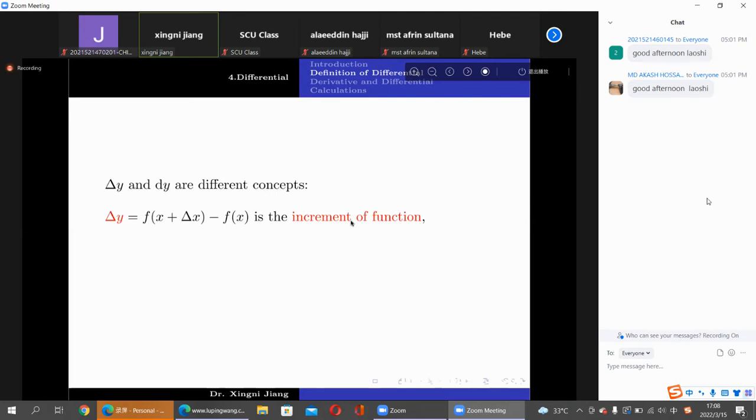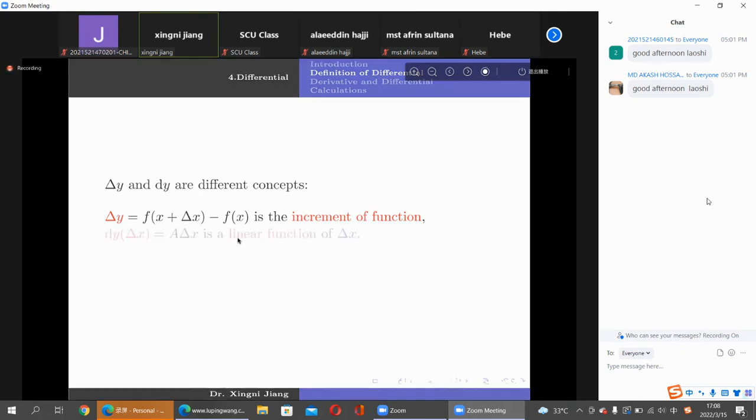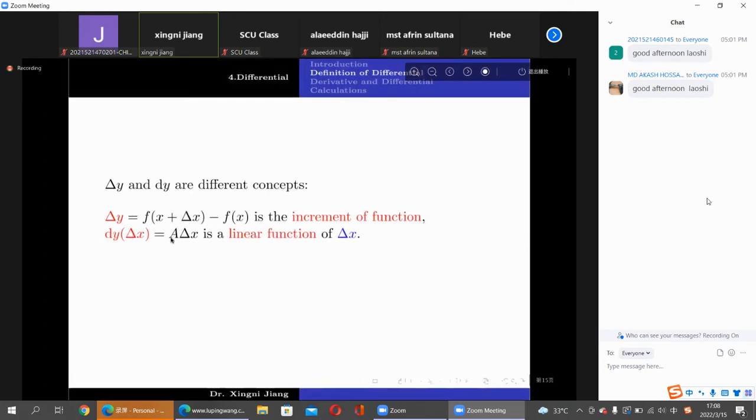And these two, delta y and dy, are different concepts. Delta y is the accurate increment of the function, okay? But dy is a linear function with independent variable delta x.